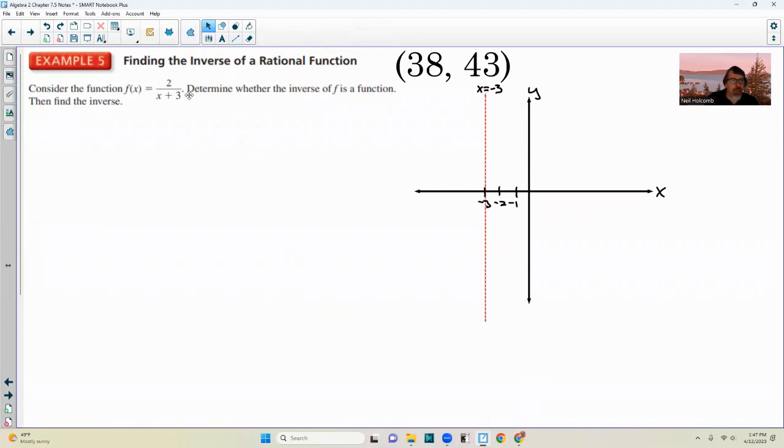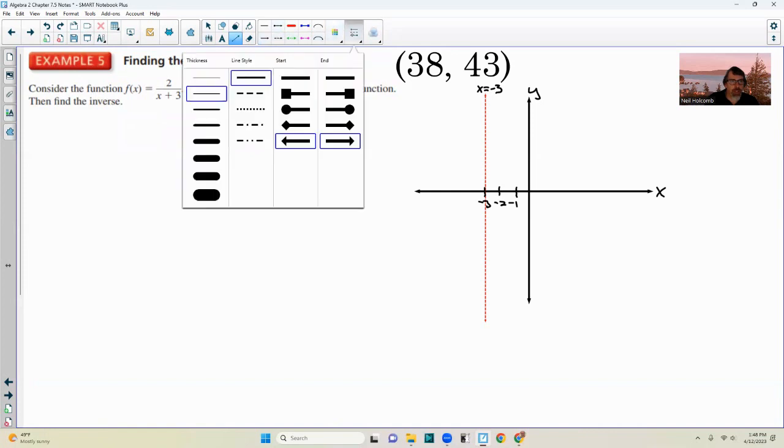Okay, where's my horizontal asymptote? Well, remember it is f of x equals a over x minus h plus k. So my h is -3, and because minus negatives plus, and my k is nothing, it's 0. So that means that I have a horizontal asymptote.